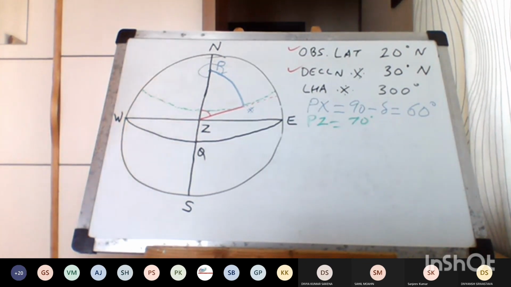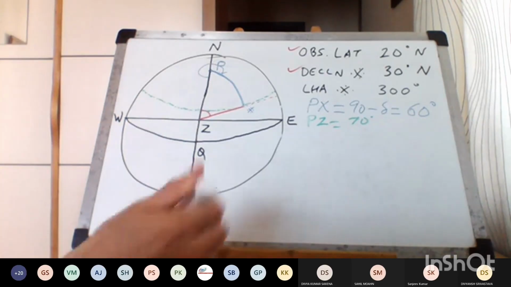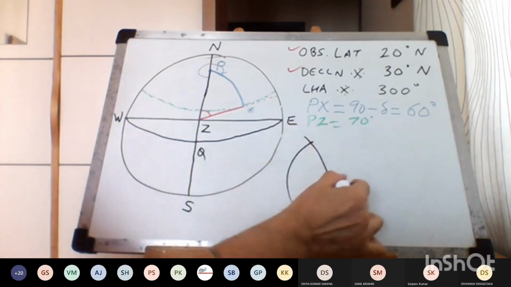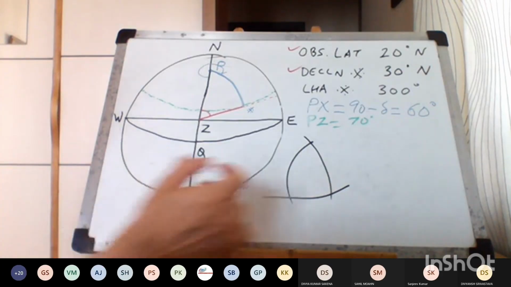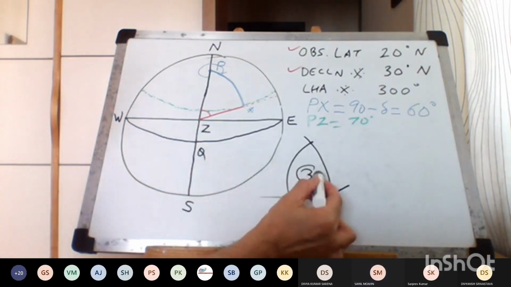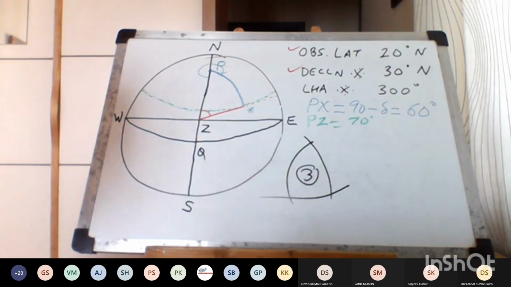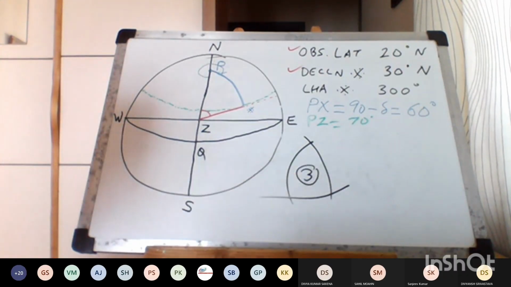Yesterday I also told you that in a spherical triangle, if you know three things, you can solve the triangle to find out the other three. There are three angles and three sides. If you know three things, you can find out the other three by using our trigonometric formula.